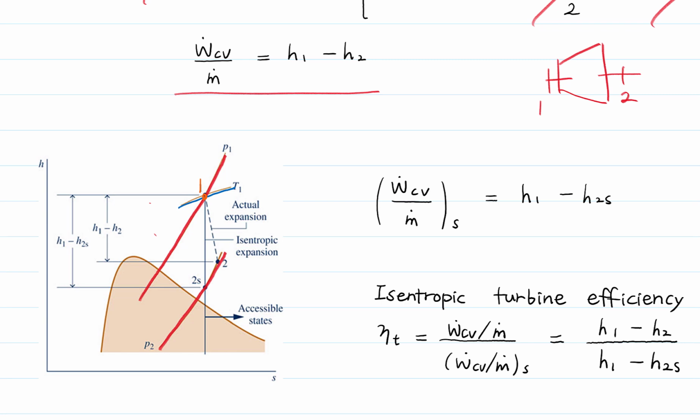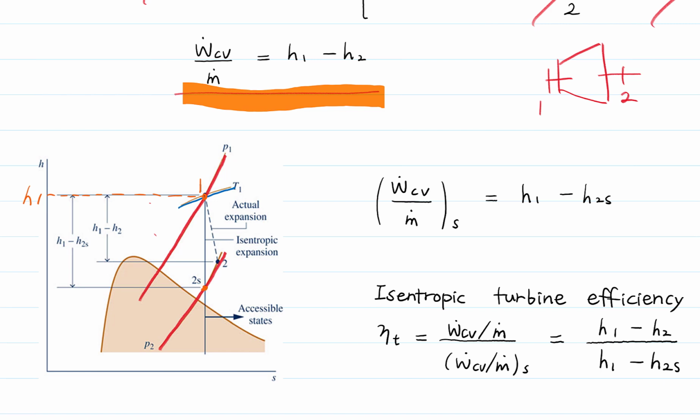Then what is the most amount of work produced between the two pressures? From these relations, we know that work is proportional to the enthalpy change between the two states. So H1 is here, and we need to determine H2. We want to make H2 as small as possible for the maximum work. So that is H1 minus H2s when the process is isentropic.